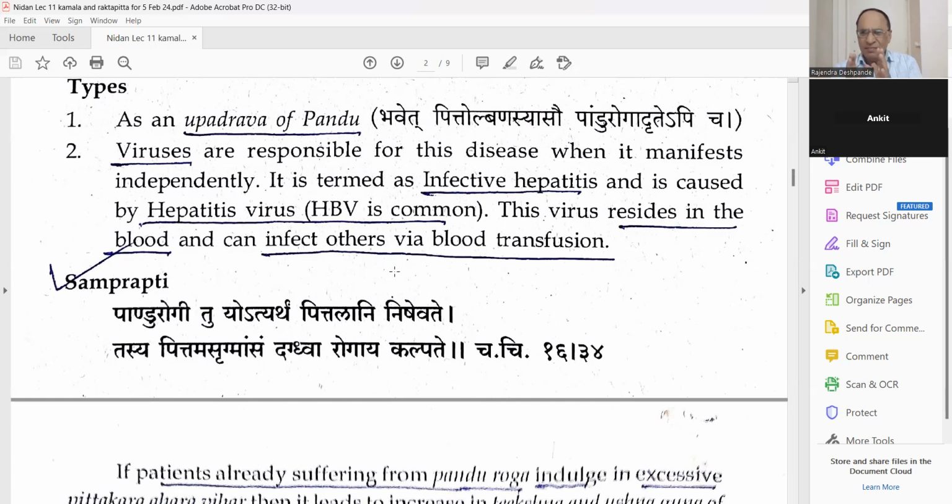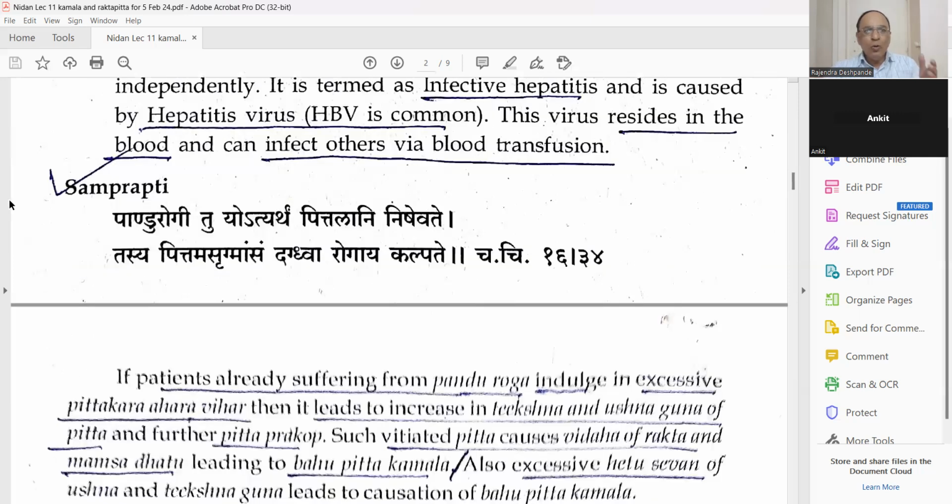Just like HIV. If a pregnant lady has hepatitis B virus, the child will also get B virus. So the same three things as HIV; similarly hepatitis B is very serious. Okay, and that is compared with Bahupitta Kamala. Pandurogi tu yotyartham pittalani nishevate.